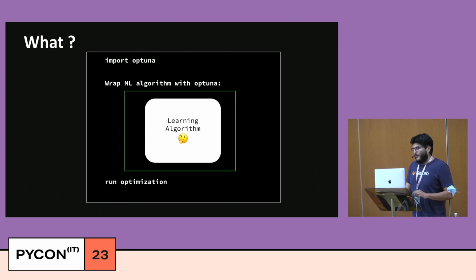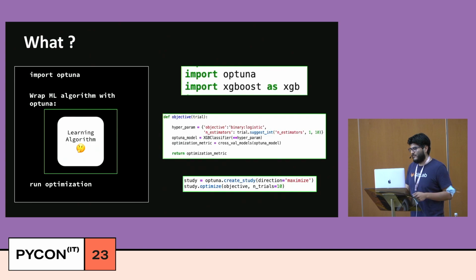Now, closer to how it looks. The 3 steps for this recipe are: you import Optuna, you wrap the algorithm in the objective function, and then you run the optimization. How does this look when I take some examples from actual code? Basically here in the code part, when you import the library, you can use this wrapper, def objective, and trial.